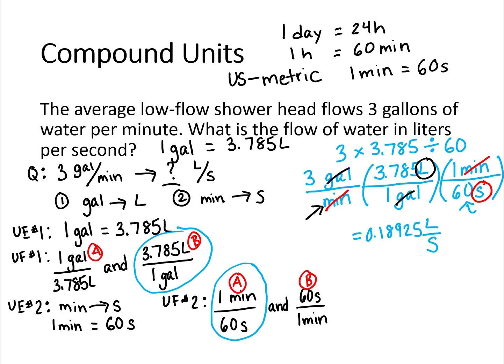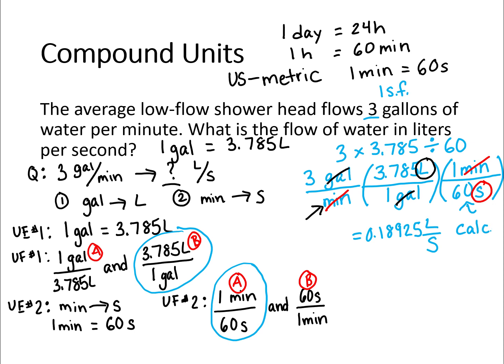But here, we did. So now we go back to the problem, and the only measurement that we're going to consider is the 3 gallons per minute. There's only one sig fig there, so we can only report one sig fig.